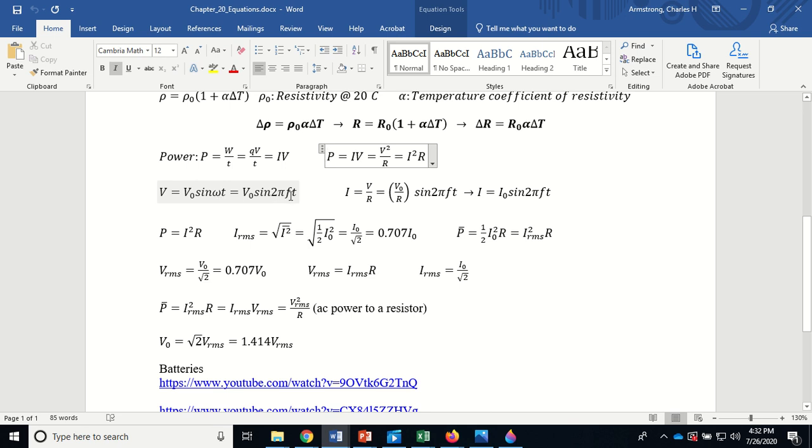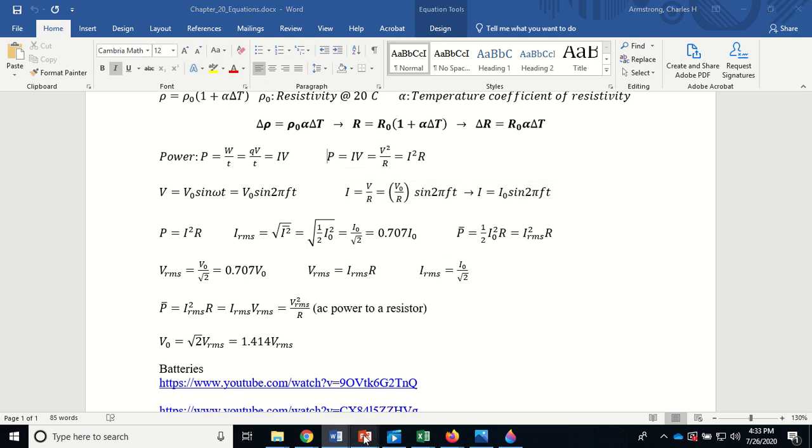So at any time, if you know the frequency and you want to find what the voltage would be, you take the maximum voltage. If it's like 10 volts maximum, then you would go sine of 2 pi ft to get the voltage. Same with the current. I just use Ohm's law. You plug in this and you get I equals I0 sine of 2 pi ft. That I0 again is the maximum.